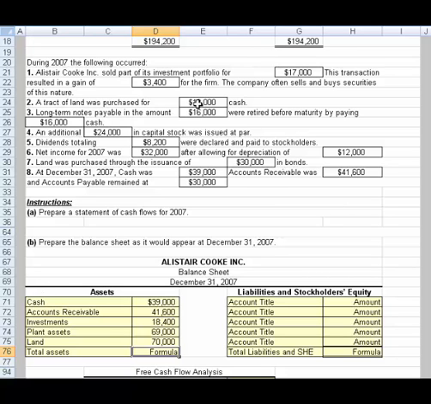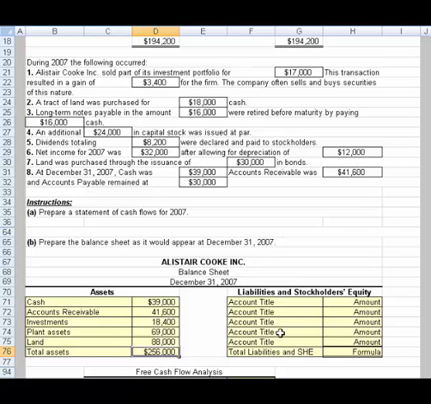A tract of land was purchased for 18,000. So we've got the beginning land, then the land that was purchased through the issuance of bonds, and then we need to add in the 18,000, 88,000. And once we have that, we have our total assets. So I'll sum that. $256.